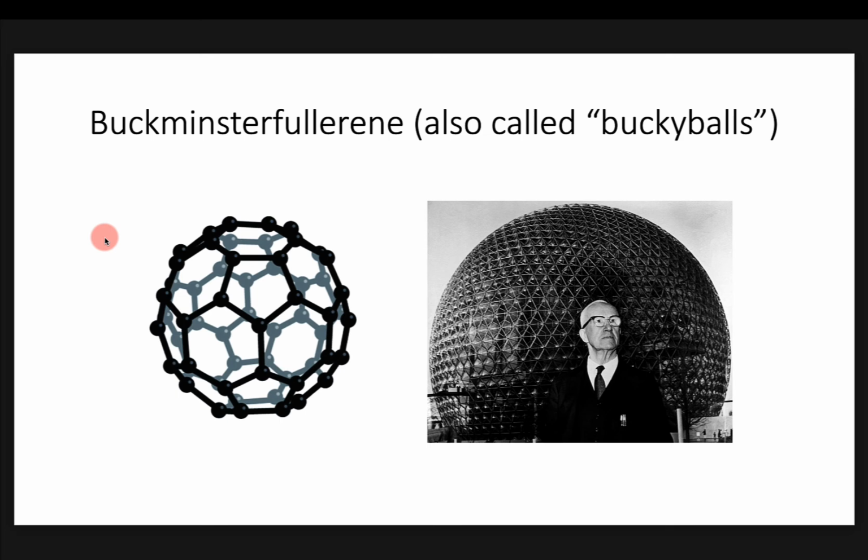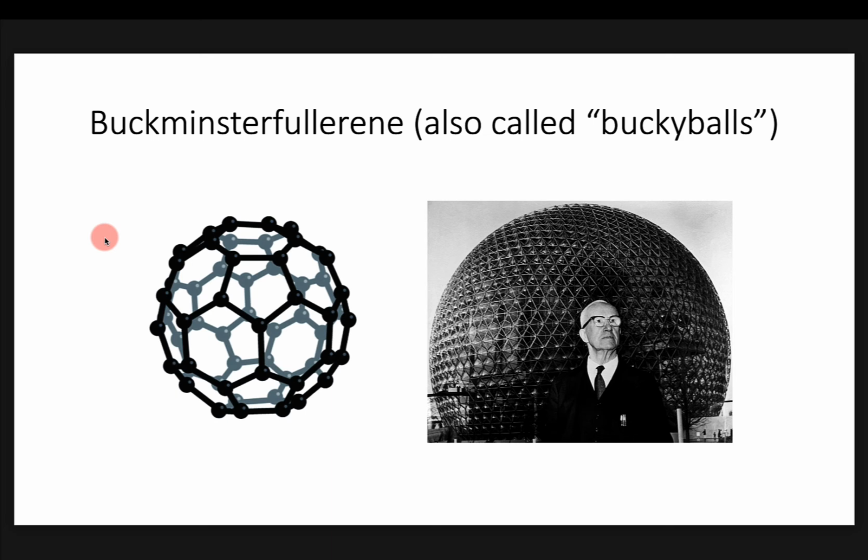This structure was discovered a few decades ago, I want to say in like the 80s or 90s. Some scientists discovered that carbon atoms can bond into this crazy shape that actually looks a lot like a soccer ball. And this was very surprising.